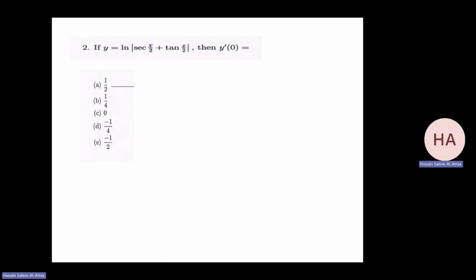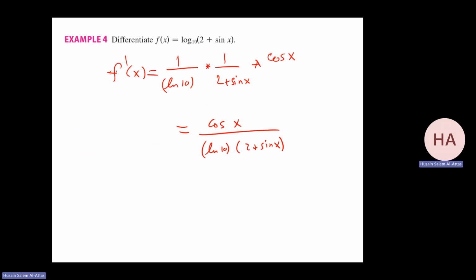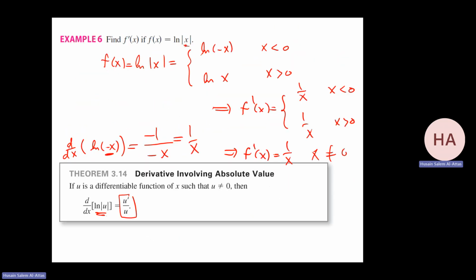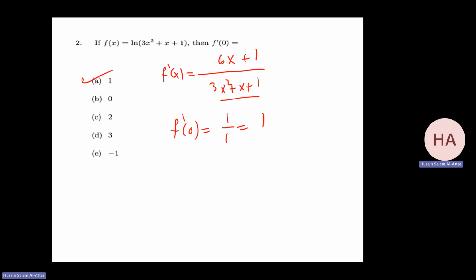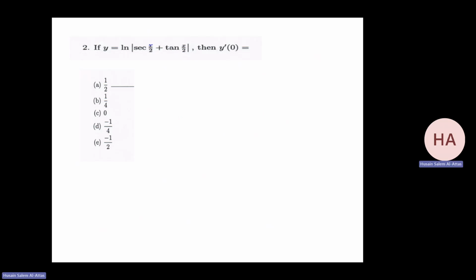ln of the absolute value of u. Remember, we said if I have ln of the absolute value of u, then the derivative is what? u prime over u. Okay. So u prime, I have u times the derivative of u. Okay. Now we need to be careful. I have the chain rule here. Secant of x over 2.